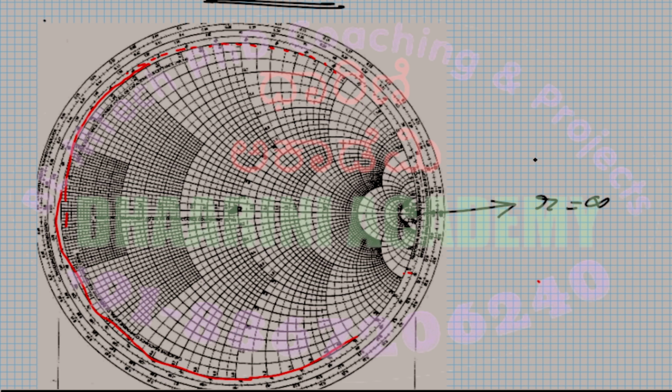Open circuit point is that. So whenever I want to represent R equal to infinity, I will be considering that particular point on the Smith chart.